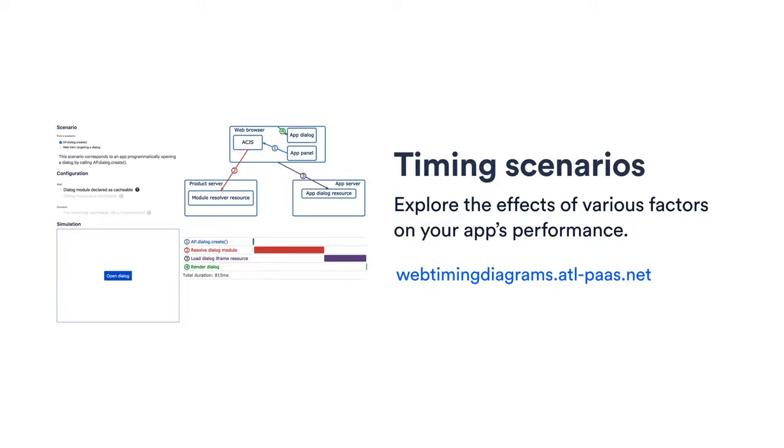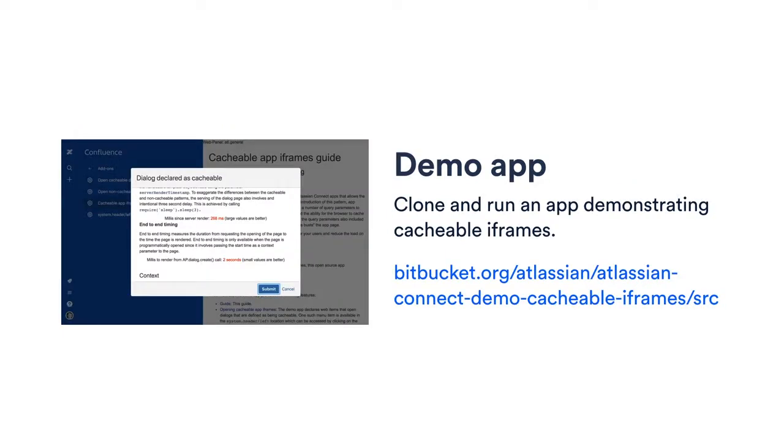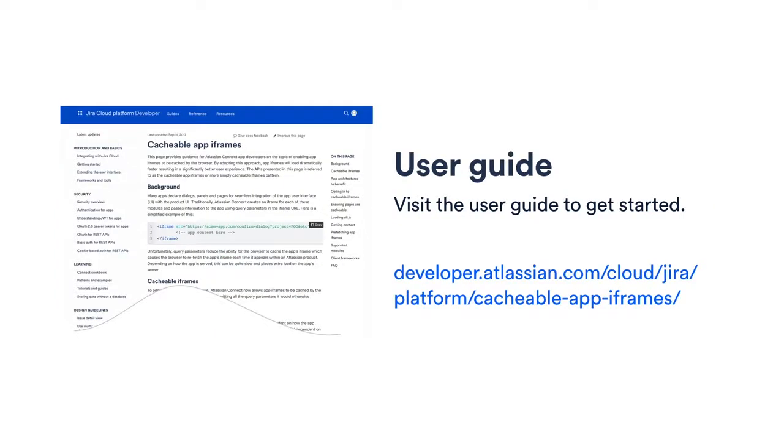If you're interested, you can visit and play around with the timing scenarios application at this location. The demo app is based on the Atlassian Connect Express client framework. You can clone it at this location. The last resource is the user guide available in our developer docs.